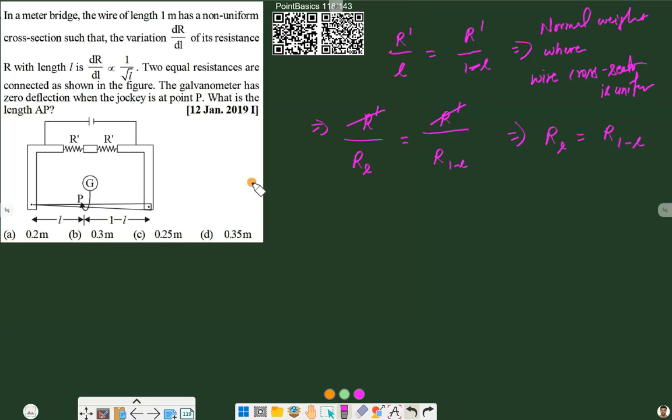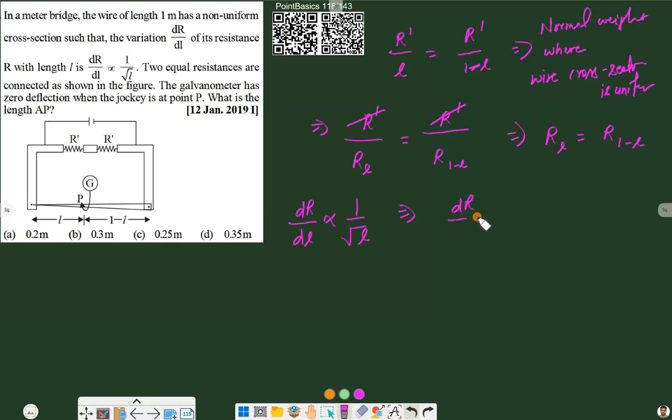Now writing the relation which is given to us, dr by dl is proportional to 1 by root L. We can remove proportionality by adding a proportionality constant.